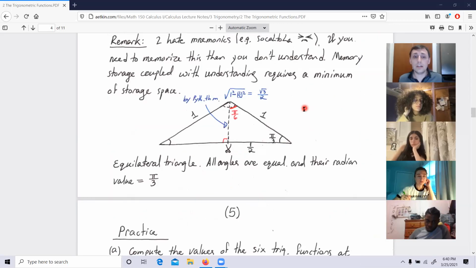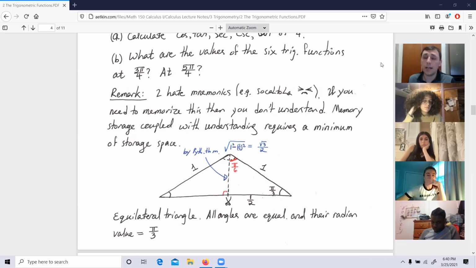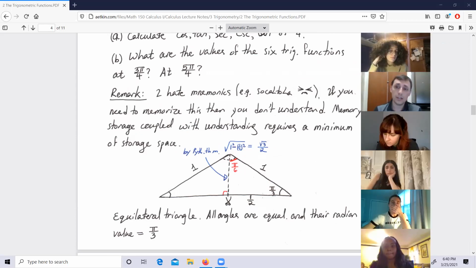Now I can read a lot of other immediate values. So tell me, for instance, what is cosine of pi over 3? Cosine pi over 3 is what? From the picture, cosine of pi over 3 is what?